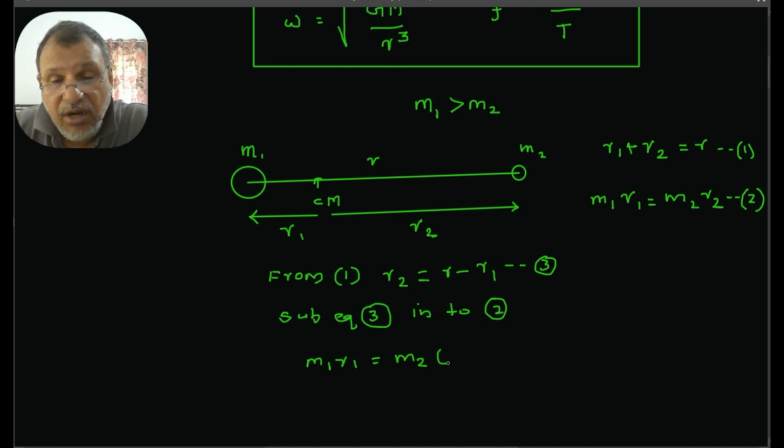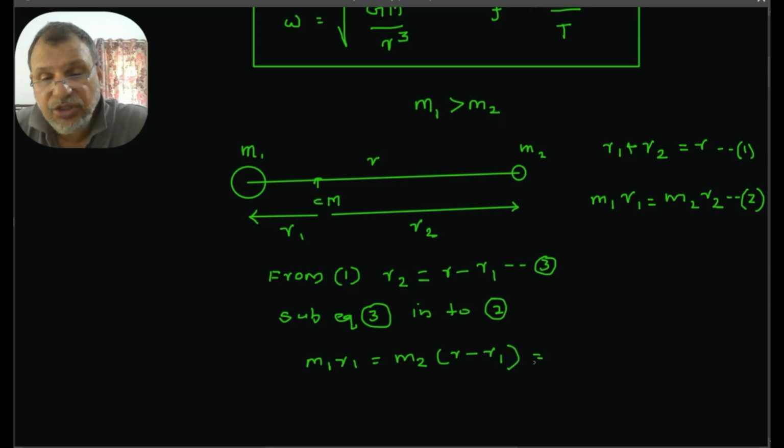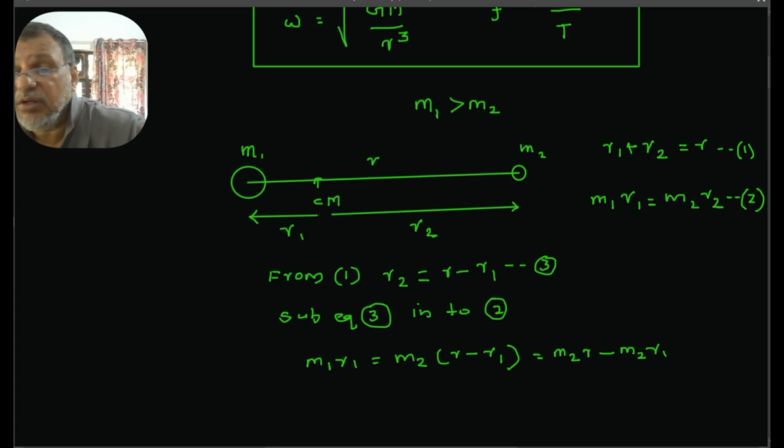So it becomes R minus R1. So we just expand this right hand side further. You will get M2 R minus M2 R1. Now we can rearrange the equation to find out the value of R1.